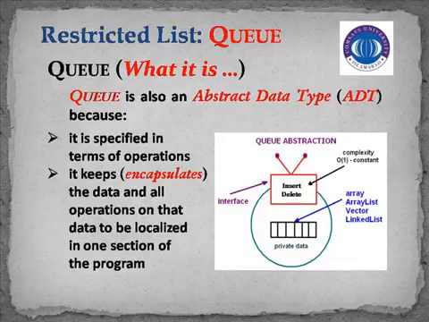The queue is also described as an abstract data type because it is specified in terms of operations and it encapsulates, or keeps, the data and all operations on that data localized in one section of the program.